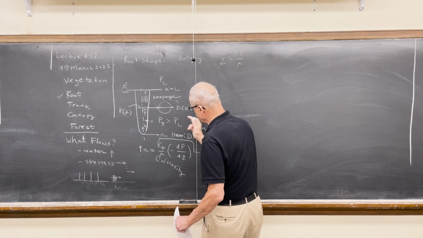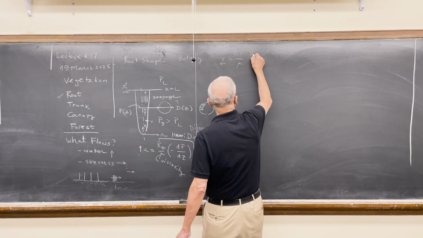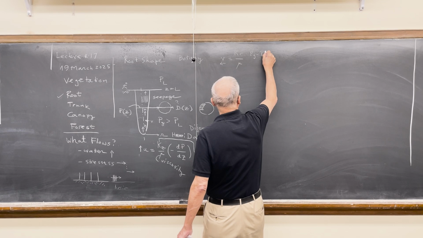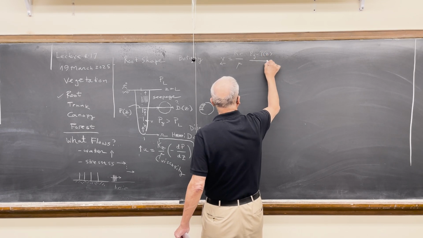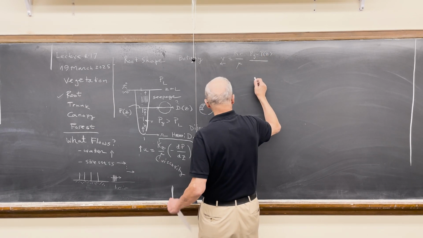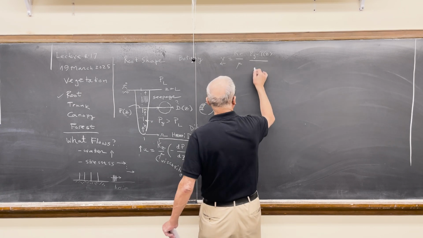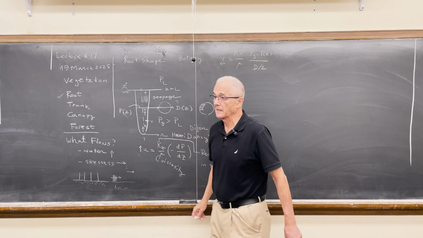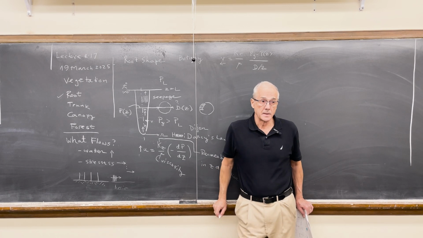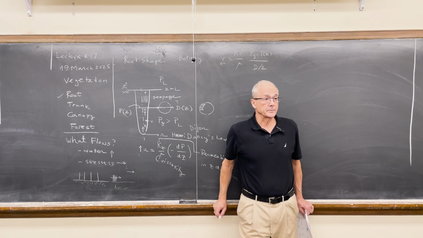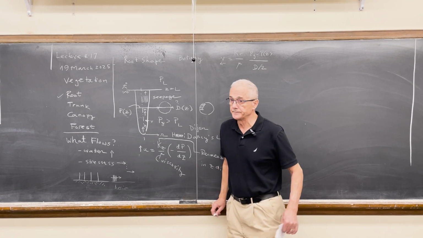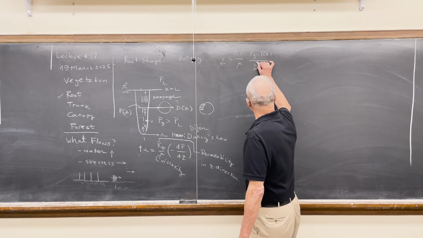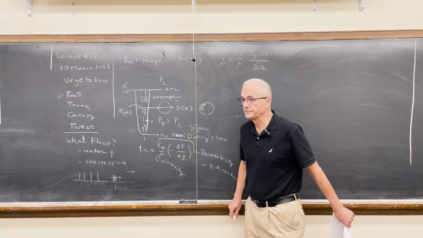And then the pressure difference that drives the flow, which is Pg minus P at location z, divided by the radius of the body of the root at altitude z. Remember that capital D is the unknown. Okay?